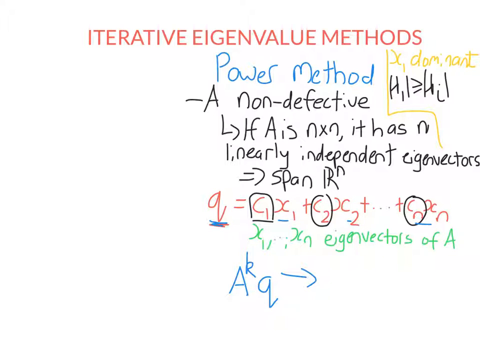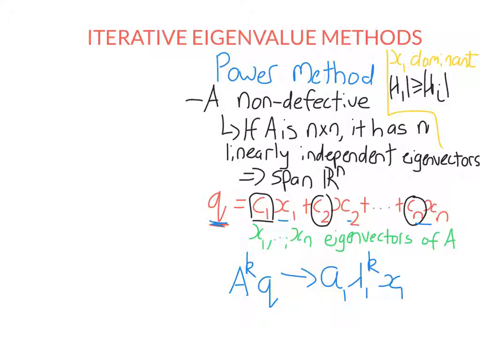So it turns out that this will converge to some scalar multiple of the eigenvalue to the power of k times the eigenvector. As I said, the eigenvector to which it usually converges is the dominant eigenvector.